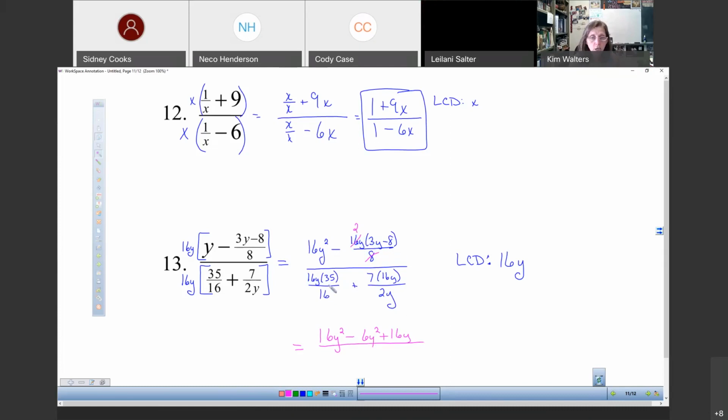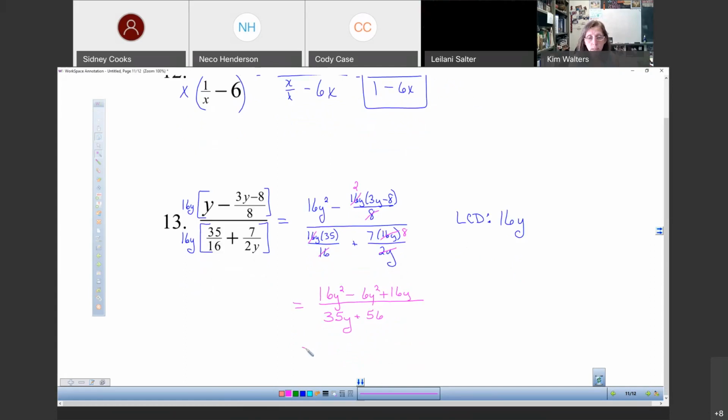In the denominator, my 16 divides, and I have 35y. And 2y divides into 16y and leaves me with 8. And so that's going to be a 56. Right? Not quite done. I still got some other simplifying I can do.